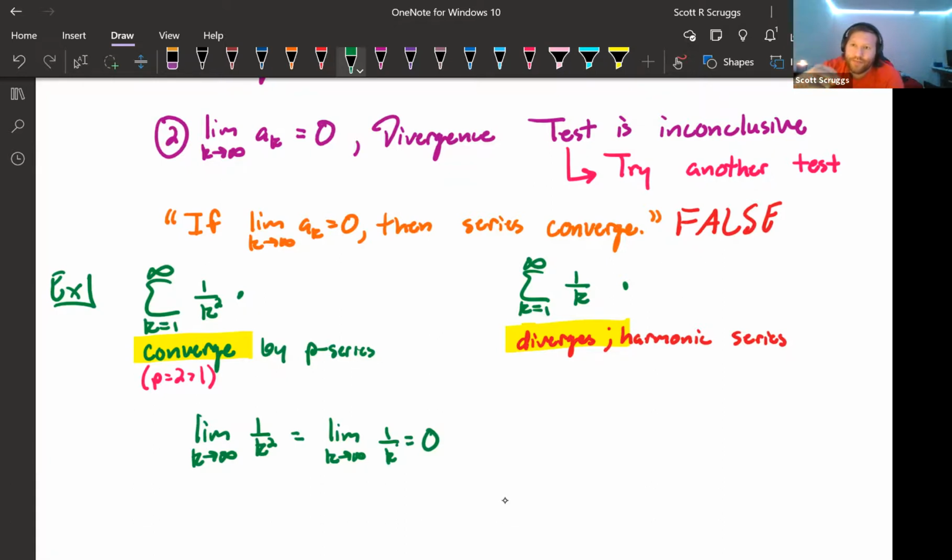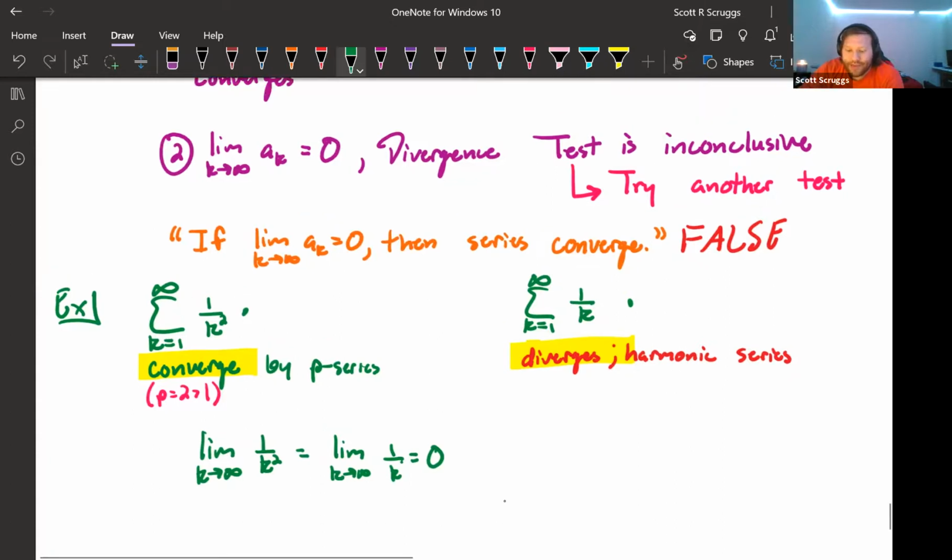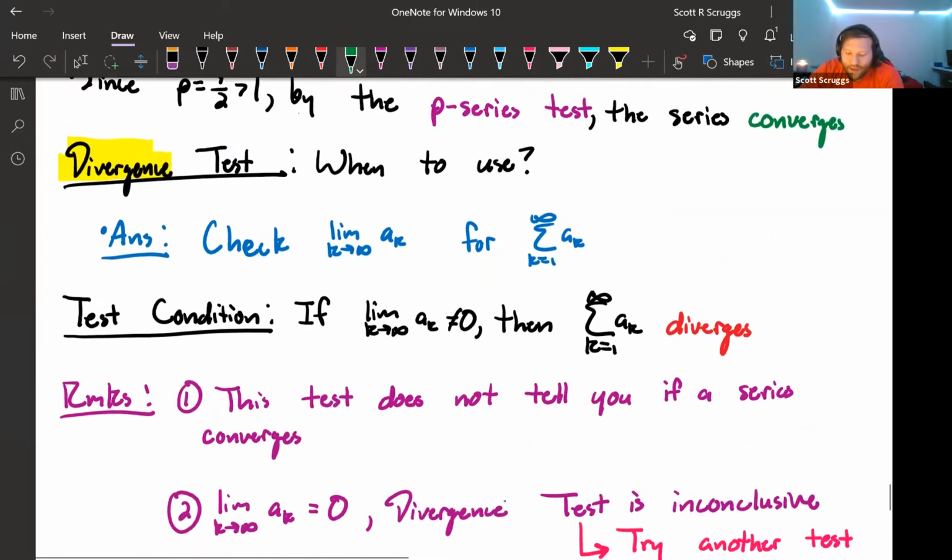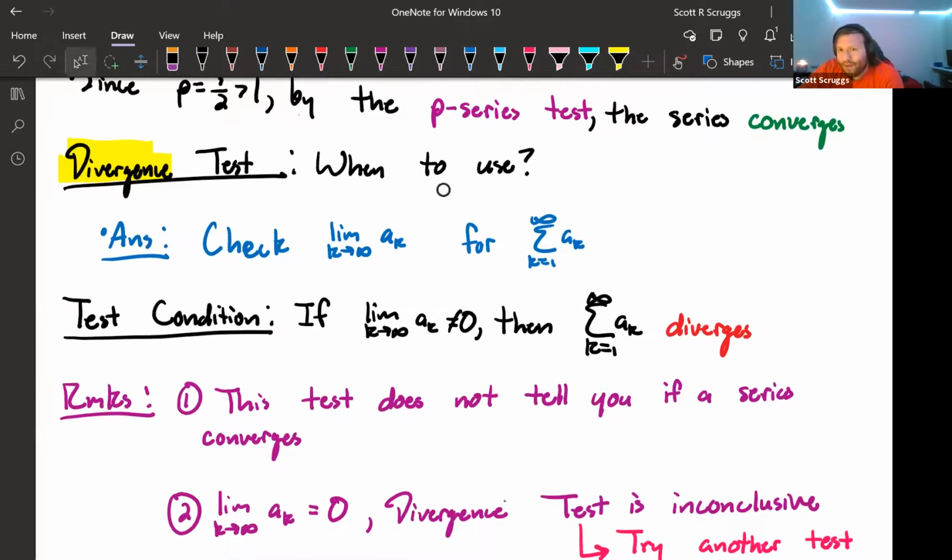So now, a quick recap for the divergence test. Kind of like with limits in Cal 1, where you plug in a limit and ask, does it make sense if I plug in that number? Yeah, you're good. If not, you have to do something else. Well, here we could do the same thing. When you see a series and you don't know which test you should use, just try to take the limit of the terms as k goes to infinity.